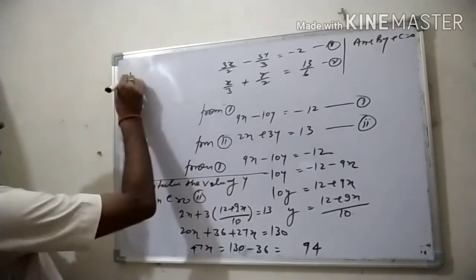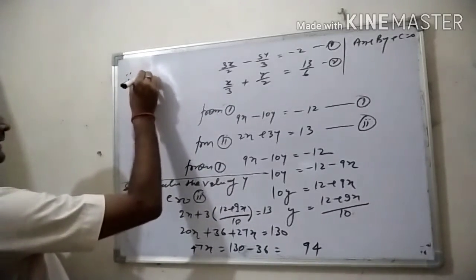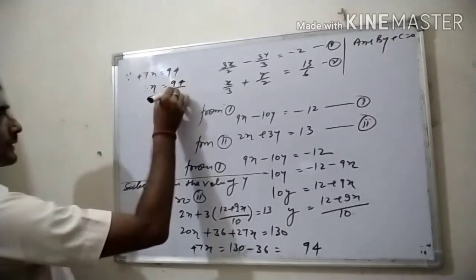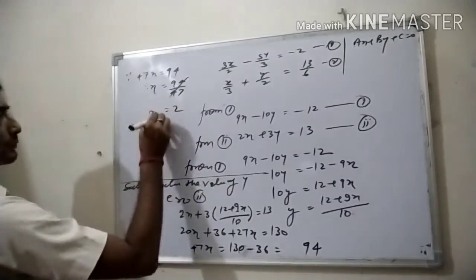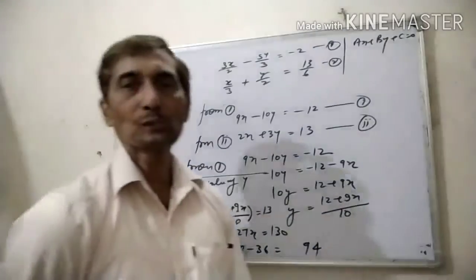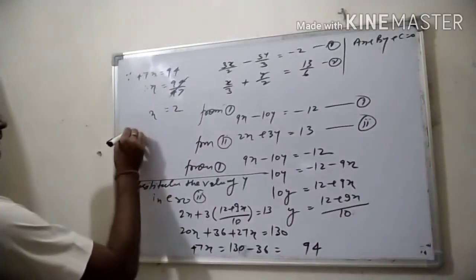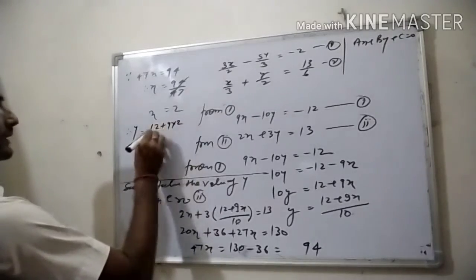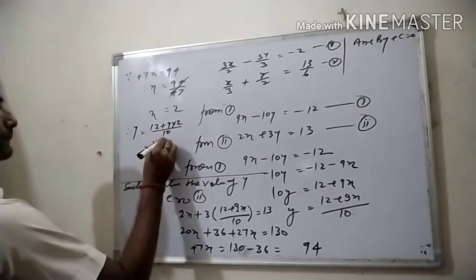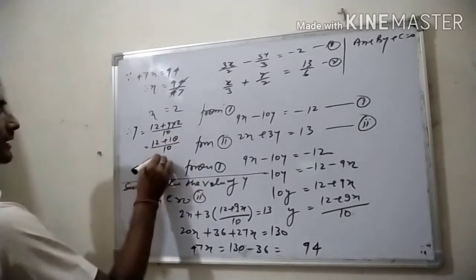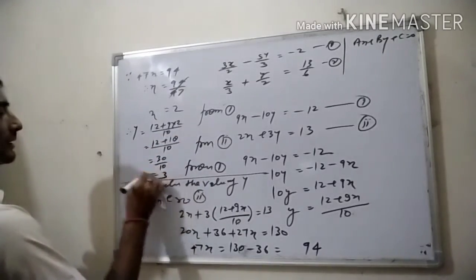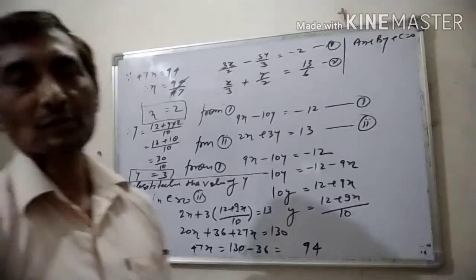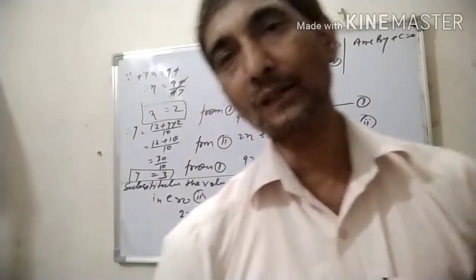Since 47x is equal to 94, therefore x is equal to 94 by 47, that is 2. The value of x is equal to 2, therefore the value of y is equal to 12 plus 9 into 2 by 10, that is 12 plus 18 by 10, 30 by 10, that is 3. y equal to 3 and x equal to 2. It is your solution by the substitution method.